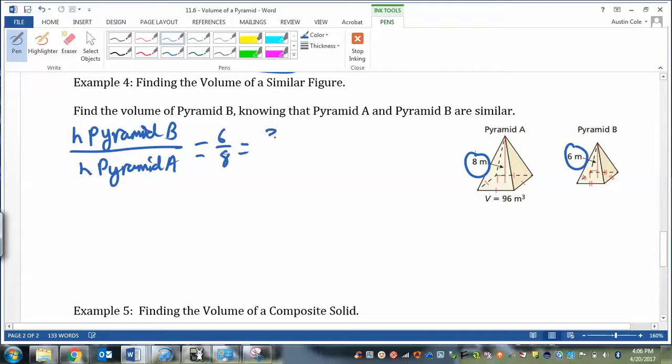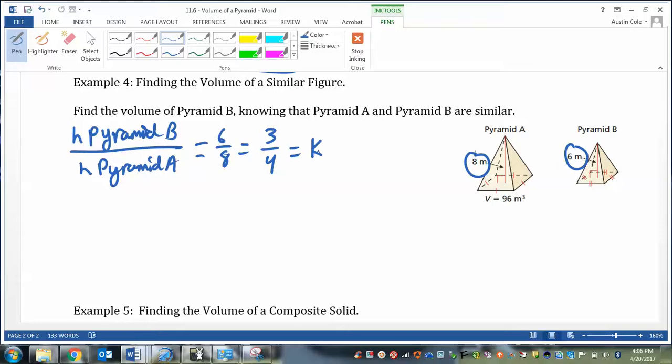If I reduce that, it's going to be 3/4. Okay, so this is our K. That's our proportion that is what makes these two figures similar. Now, volume is a cubic measurement, right? You have a length, you have a width, you have a height. So if you multiply the length by 3/4, and you multiply the height by 3/4, and you multiply the width by 3/4, you've really multiplied by 3/4 3 times, okay?